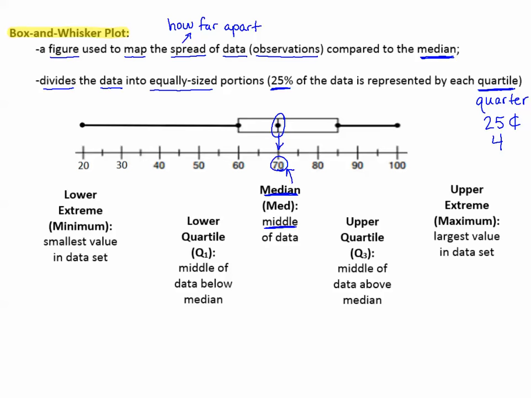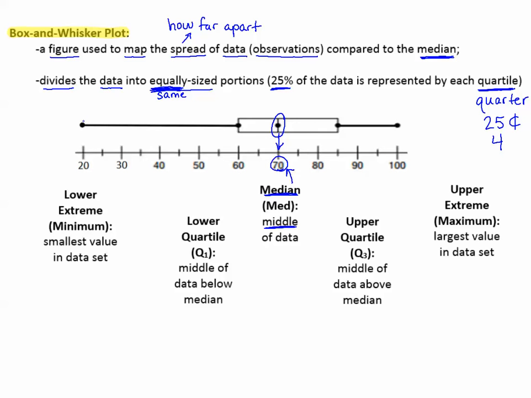Then we know that half of the data is below 70 and half of the data is above 70, and each of these quartiles, these sections, contain an equal, which is same, amount of data, 25%.